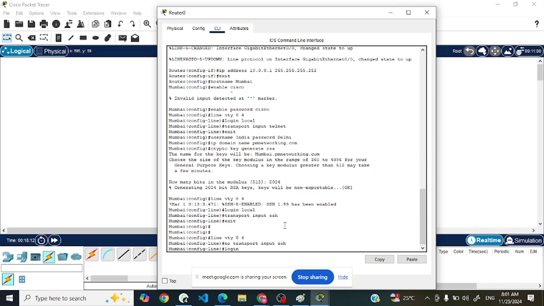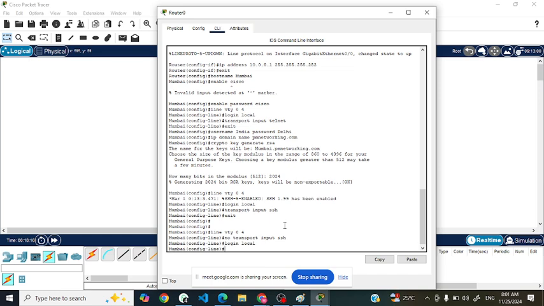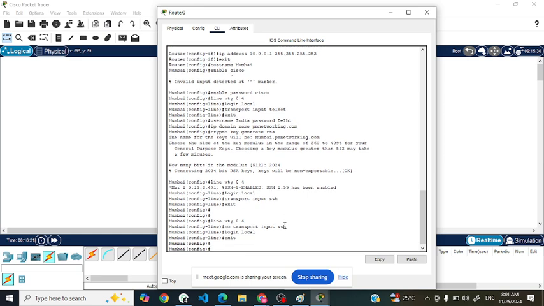Login local. Exit. So Lakshman, tell me, I have configured SSH here by providing the domain name and by providing the RSA key size. So I have enabled SSH.